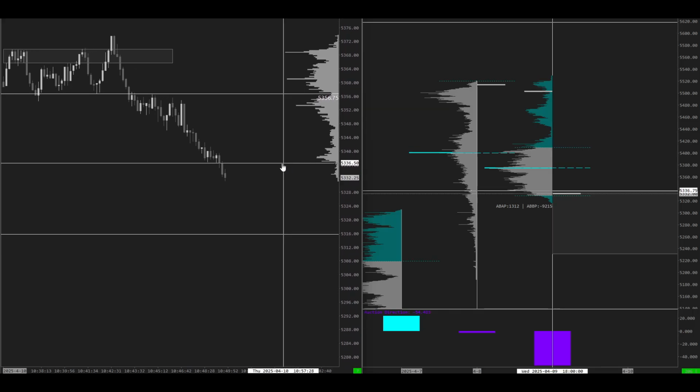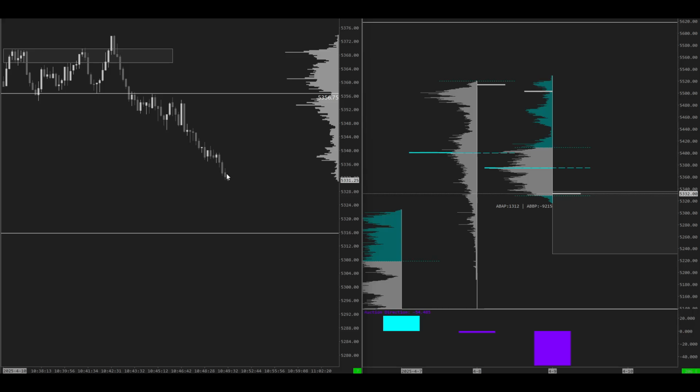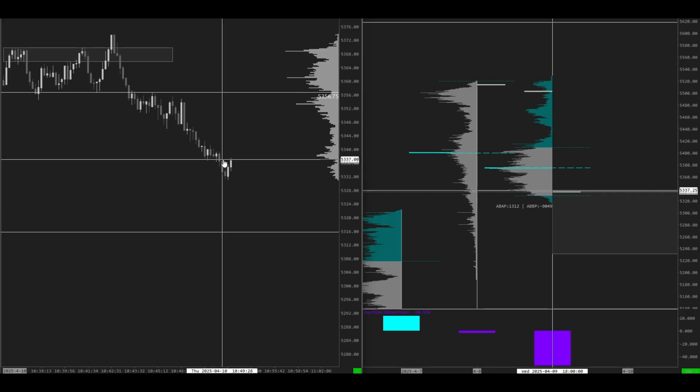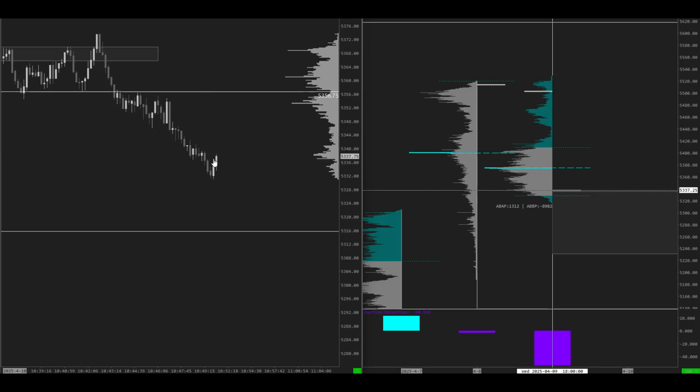Okay, so it's doing everything I expected. God, I can't talk. It's doing everything I expected, so it's moving pretty good. This would be the spot on the micro level that we want to see a rejection right in this area.